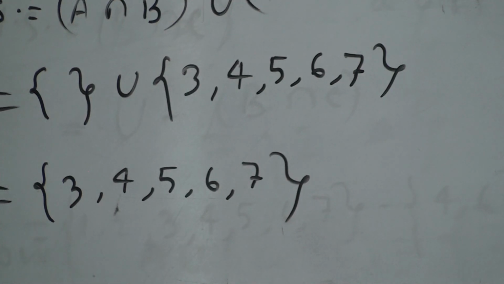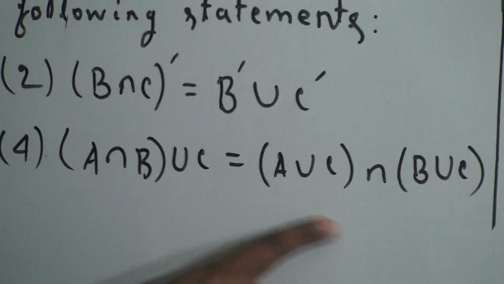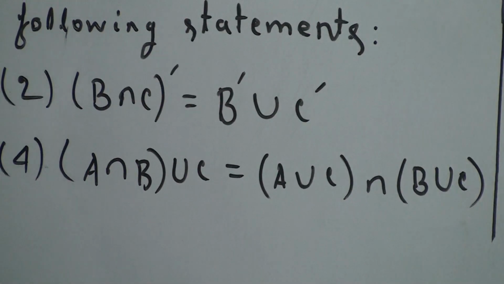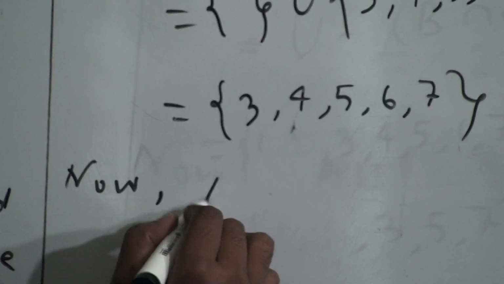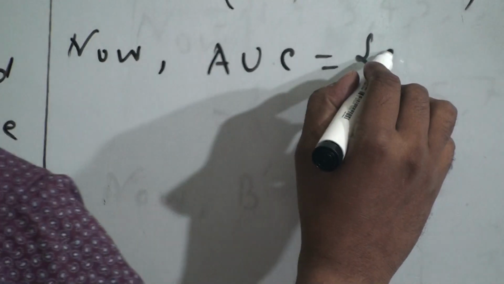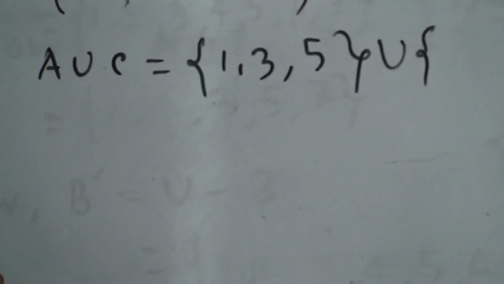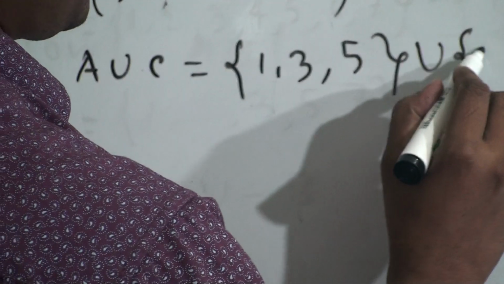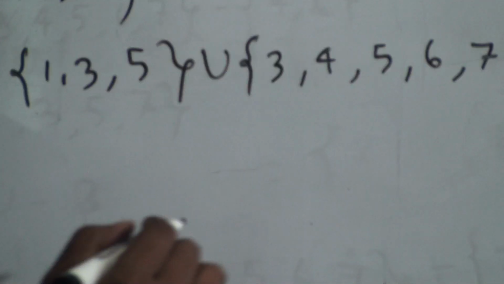Now we'll find out the value of right hand side. Here value of right hand side is A union C intersection B union C. At first we'll find out value of A union C, then we'll find out value of B union C, then we can find out A union C intersection B union C. Now A union C equal to value of A is 1 3 5 union C, value of C is 3 4 5 6 7.